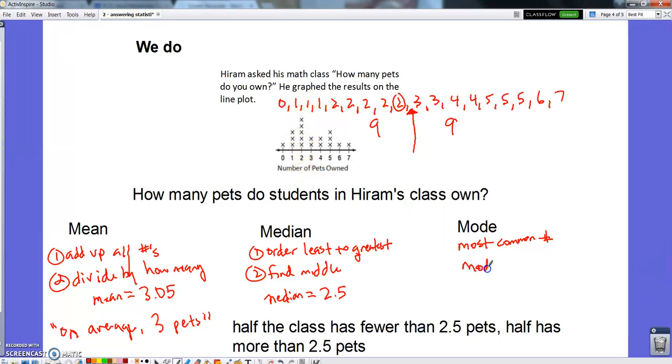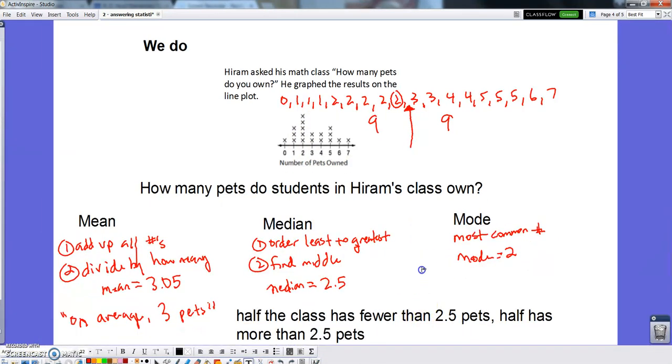So our mode is 2. So we would say, I guess kind of the wording for that would be, more have 2 pets than any other number. That's what it means logically. So mean, median, and mode, those are 3 different ways to answer a statistical question.